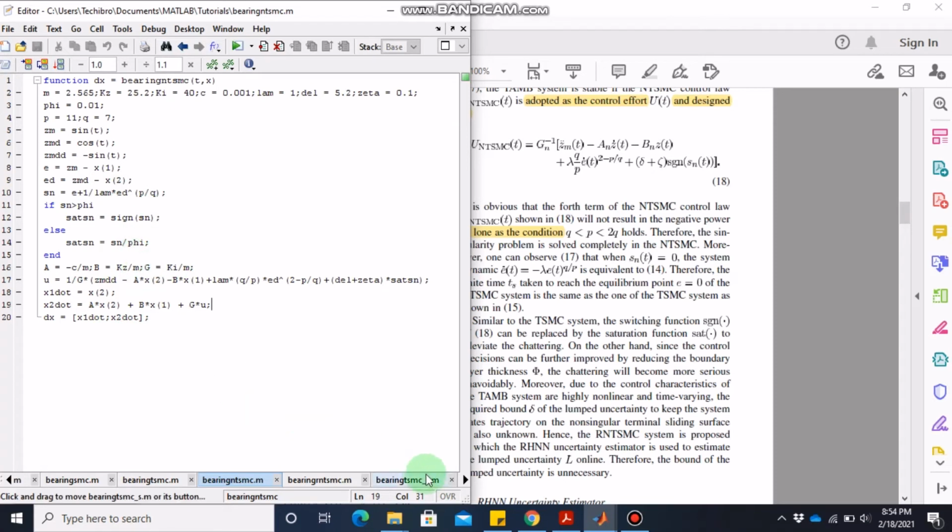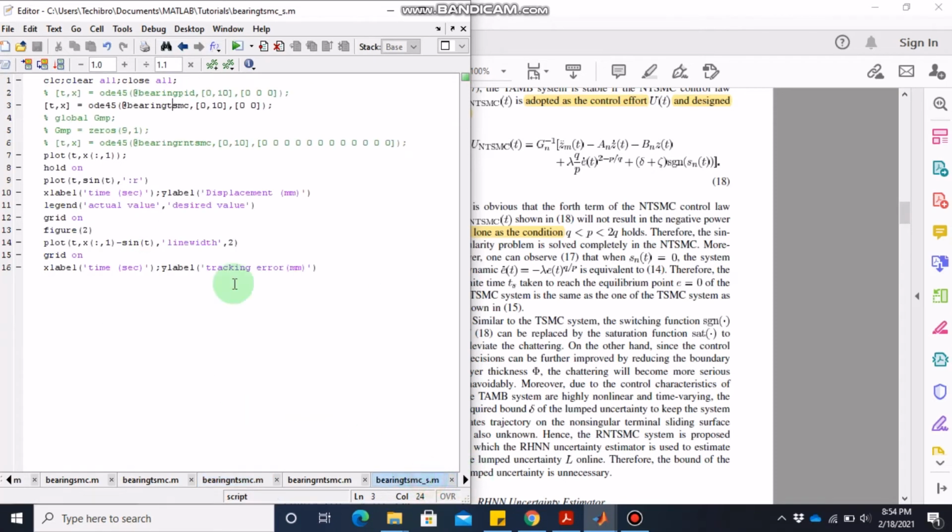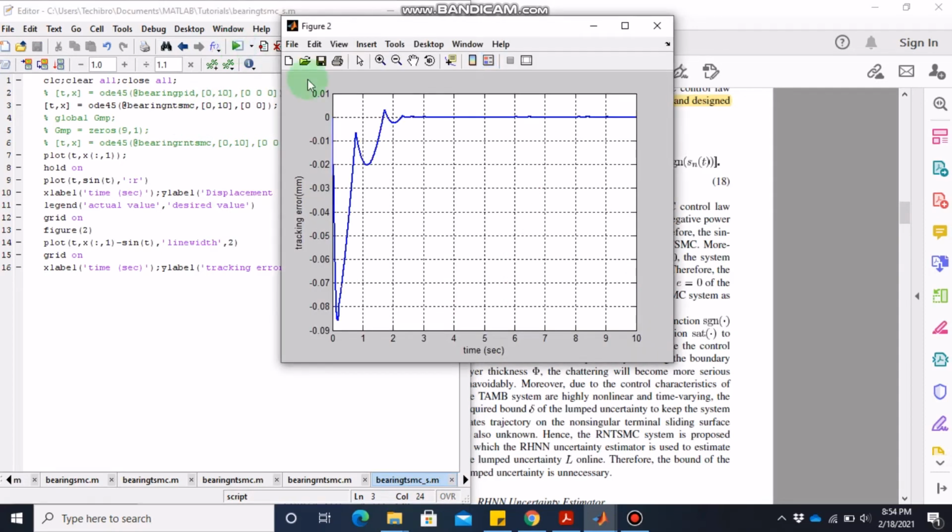If you run this using the same file, instead of bearing TSMC, we have bearing NTSMC. If we run bearing NTSMC, you can see here the error is even smaller than with the simple SMC. I think it is 0.09.